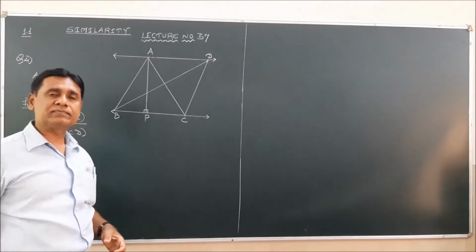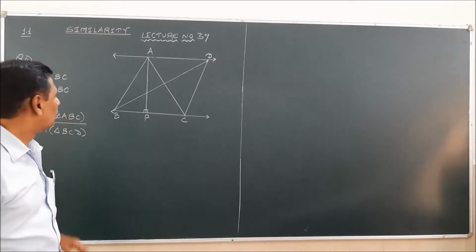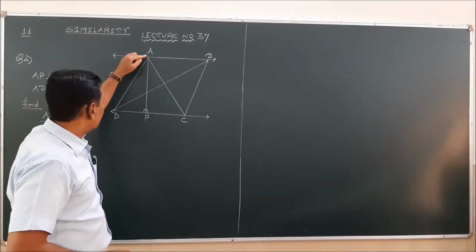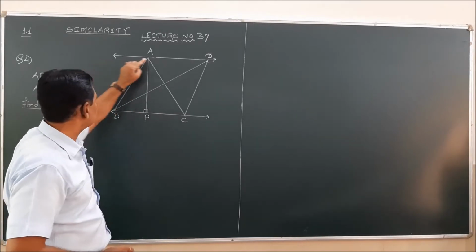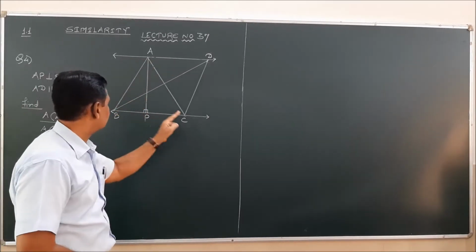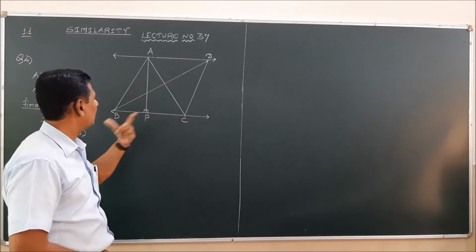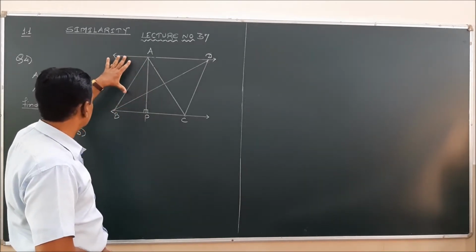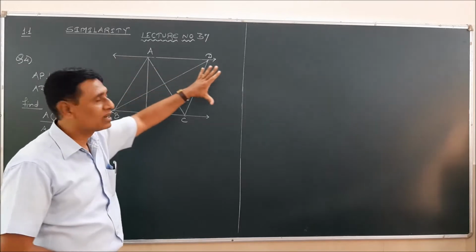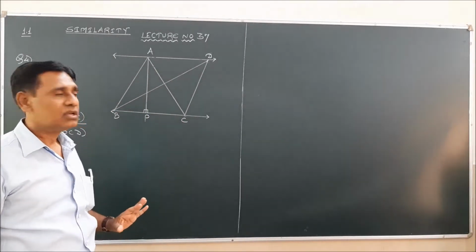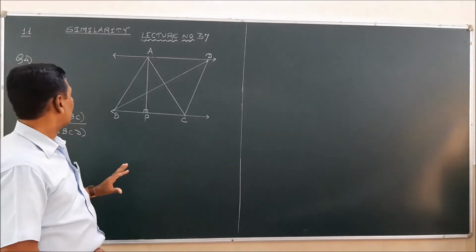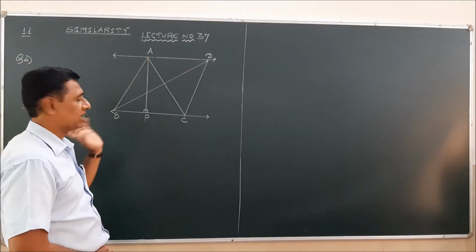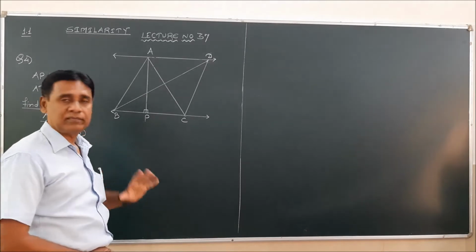If AD is parallel to BC, then AP is a perpendicular distance between these two parallel lines, AD and BC. The perpendicular distance between two parallel lines always remains constant. So this is how you will find for triangle DBC, AP is a height, BC is a base.